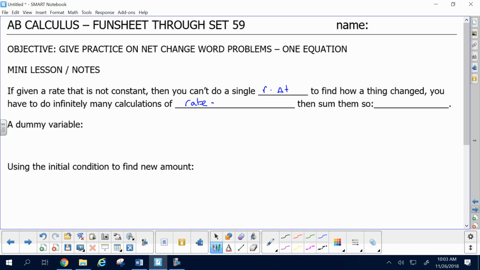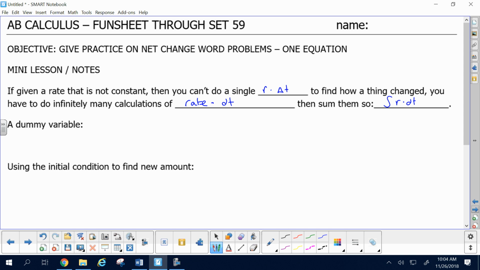But when we take that infinitesimally many, I can only say, you know, for 1/1000th of a second, then that delta t becomes more of a theoretical dt. And if I want to sum all those little rate times time calculations, that's where an integral comes in. That's what that integral stands for, S, for sum. It's the sum of many rate times microscopic time calculations, all right?